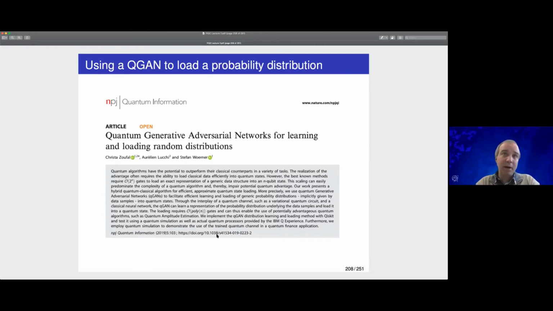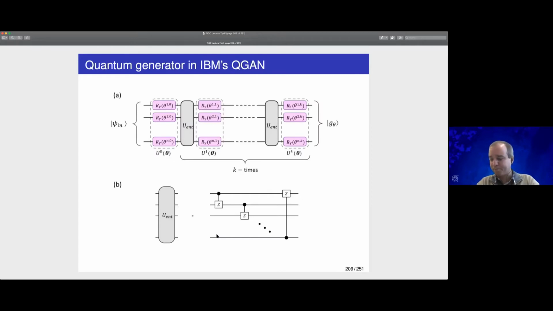And a similar approach was used in other papers. For instance, in this case, what they use is this particular form of the variational circuit, in which you have rotations, and you also have a part that creates entanglement. And this is the typical definition of a variational form.